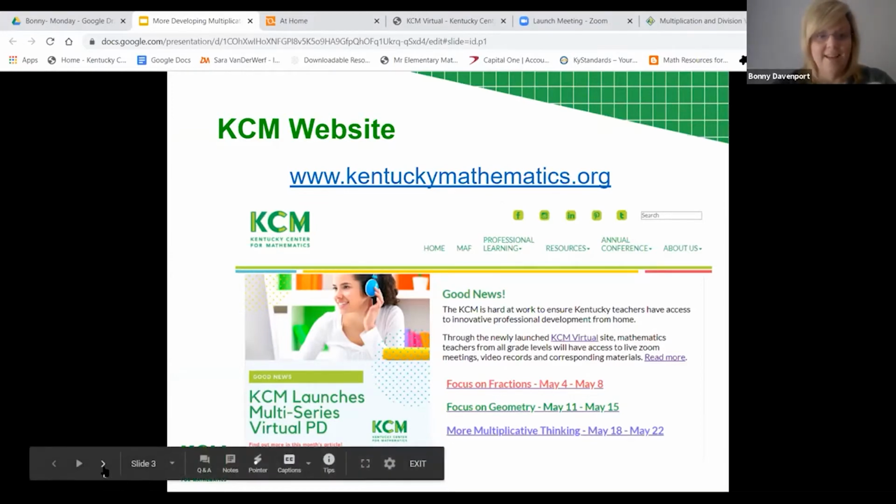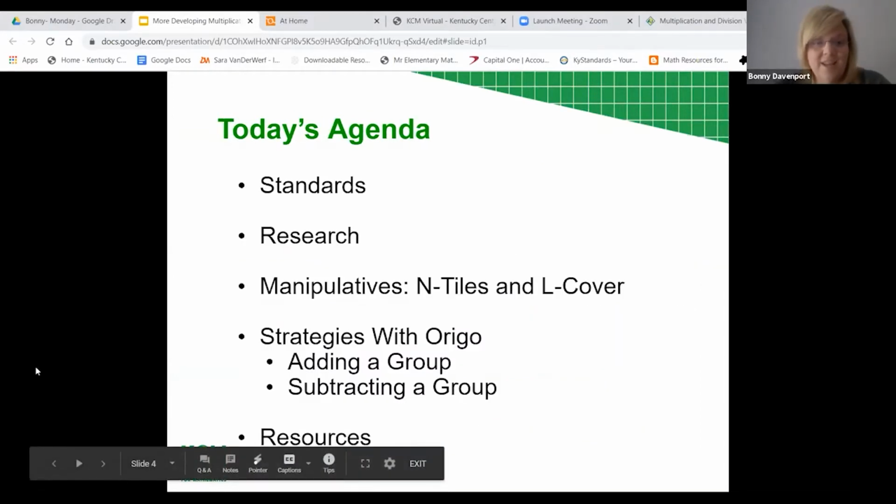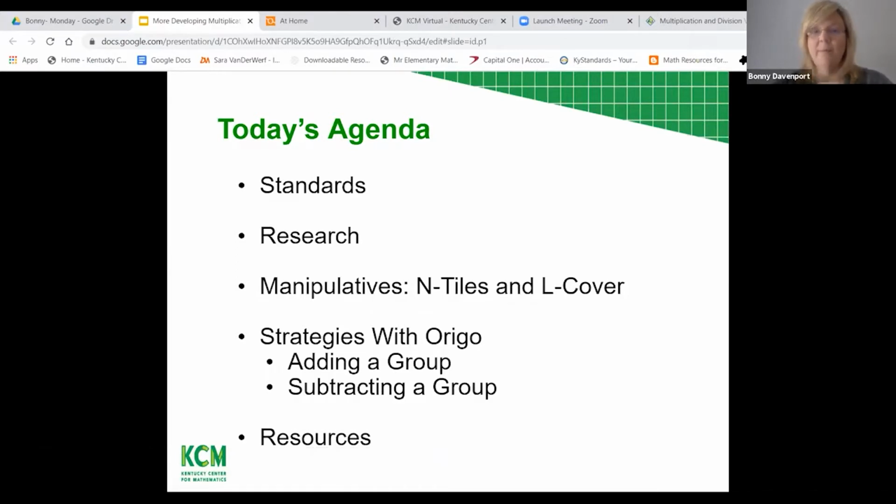So today's agenda, we're going to be looking, of course, at the standards and the research behind multiplicative thinking. Then we're going to talk about some manipulatives, some N tiles, and the L cover. Those are resources I have placed in your resource packet that you can open up and look through.